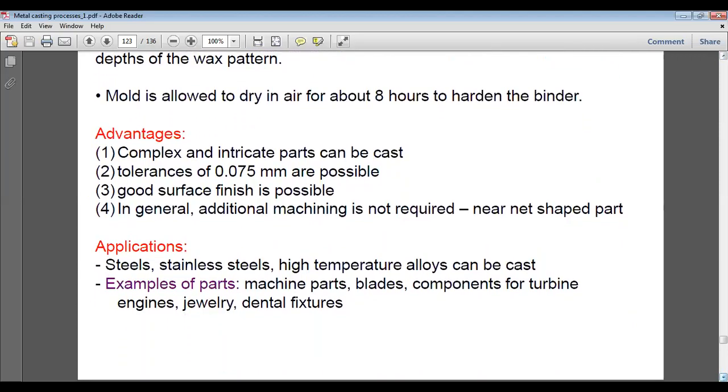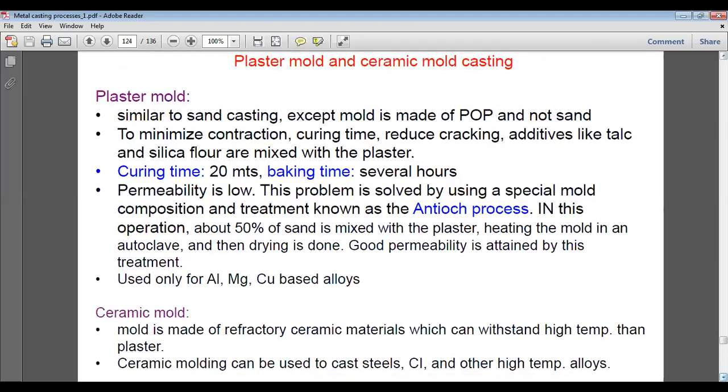For applications, steel, stainless steel, high temperature alloys, etc. can be cast. So this was another process in which we don't recover the pattern.